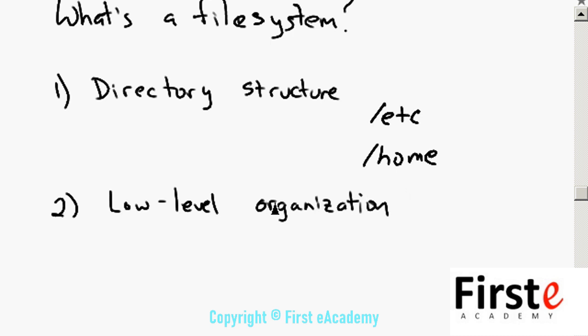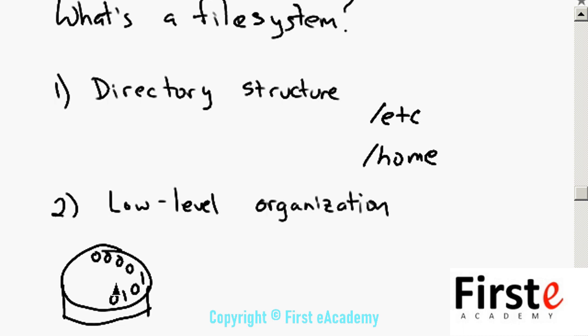The other meaning of file system is the low-level organization that's used on the disk to store the files and directories. If you want to think of it like this, here's an example. The disk holds a bunch of magnetic impulses, like positive or negative charges, and these can be interpreted as zeros and ones. Well, the various file systems, of which some are ext2fs, this is probably the most common one that you'll see, ext3, which is an extension of that, the Reiser file system.